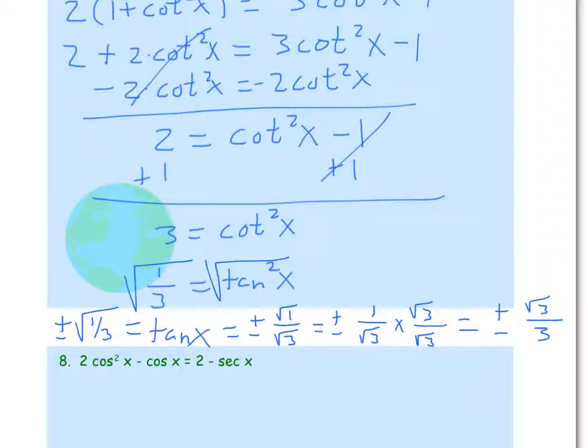So we have tangent of x equals plus or minus square root 3 over 3. The question now becomes, is that a key point on the unit circle?